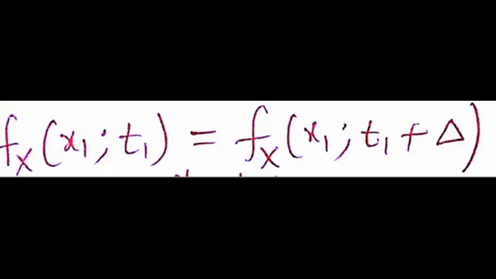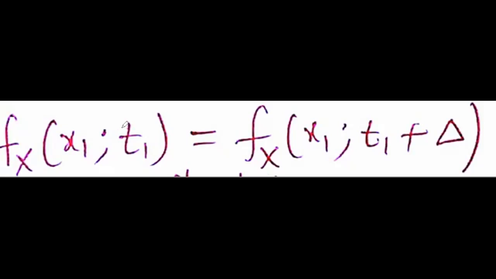I am repeating again, a random process is called a stationary random process of order 1, when its first order density function does not change with a shift in time origin, then it is going to be treated as a first order stationary process.